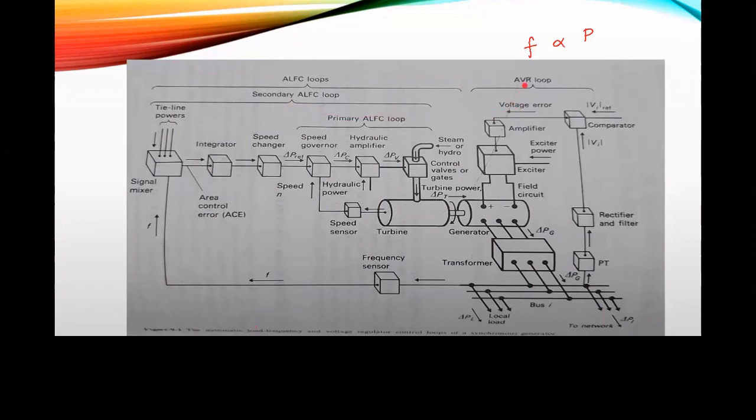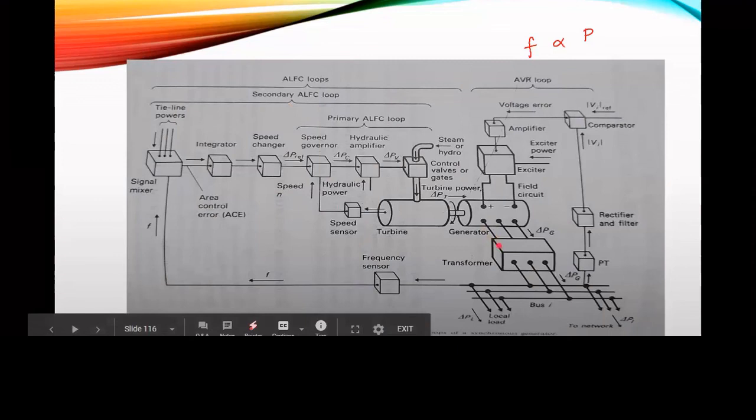Apart from that, we also have the automatic voltage regulator loop. The automatic voltage regulator loop is one where the exciter is controlled and thereby the voltage magnitude is maintained constant. Here you sense the voltage through a potential transformer.